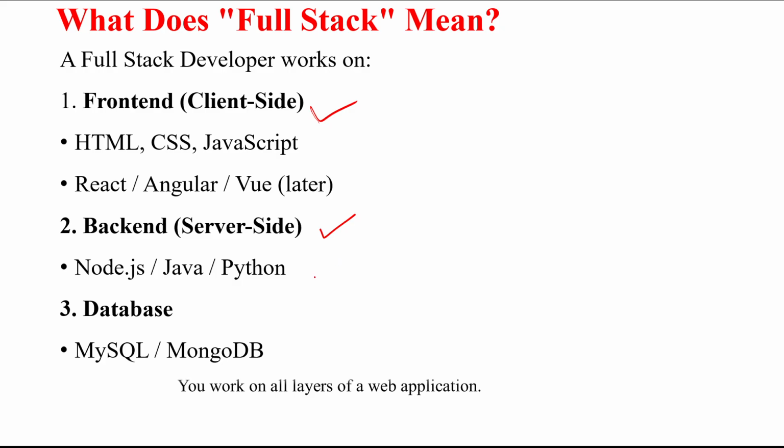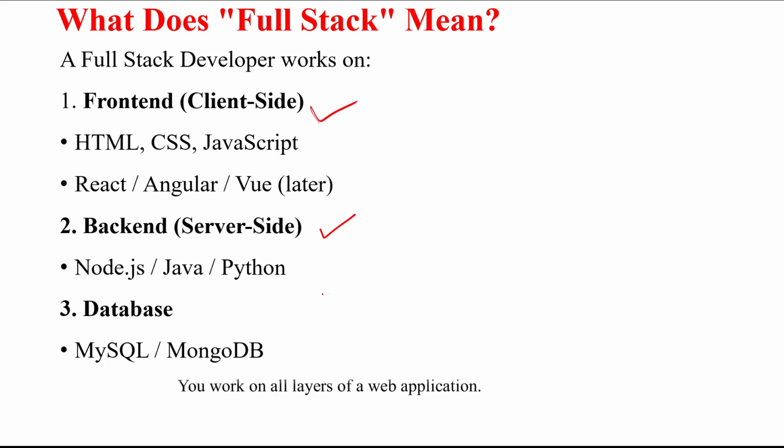The backend handles business logic, authentication, API processing, and communication with databases. And technologies like Node.js, Java, or Python are commonly used. For example, when you log into Gmail, the server verifies your username and password in the backend.